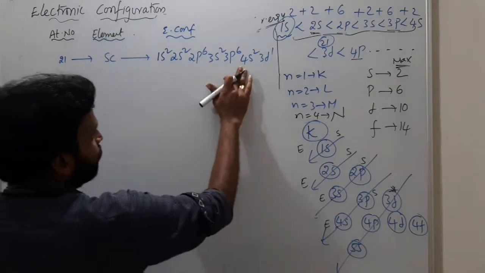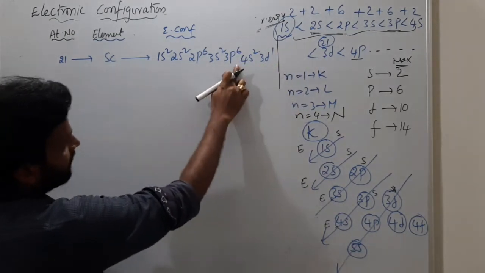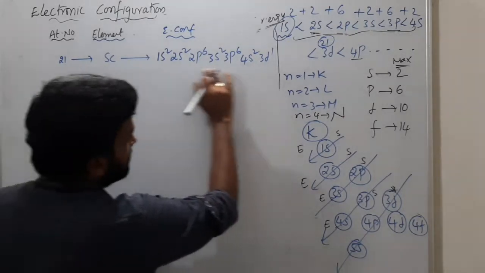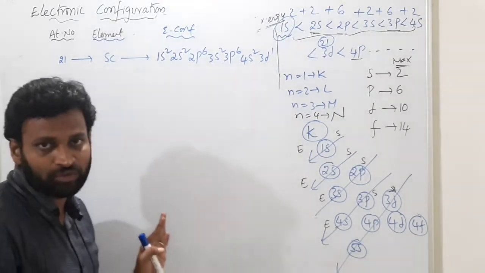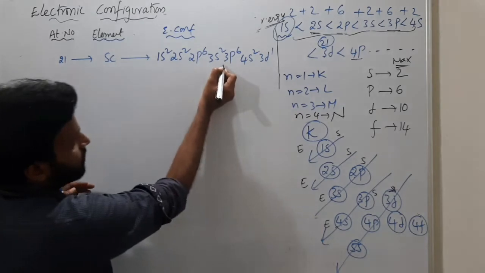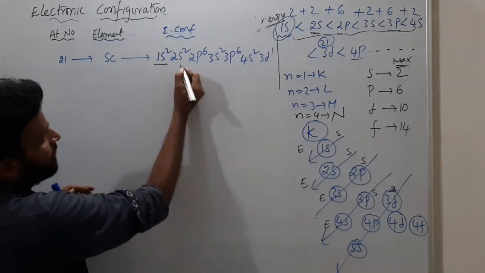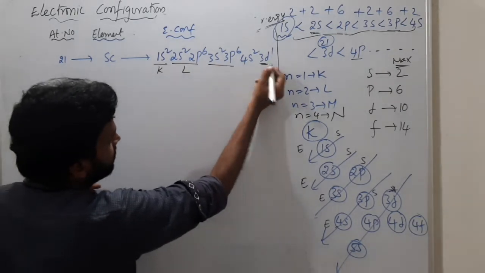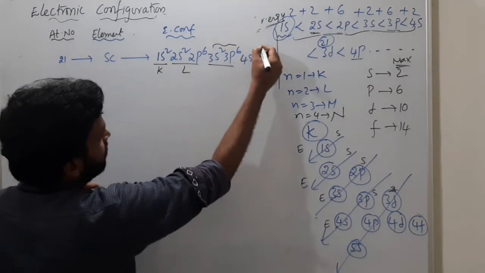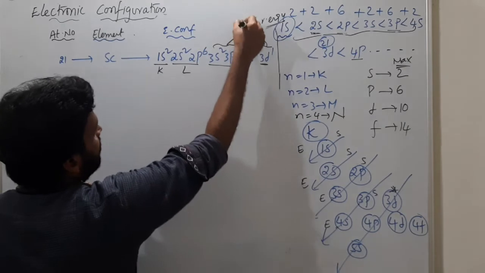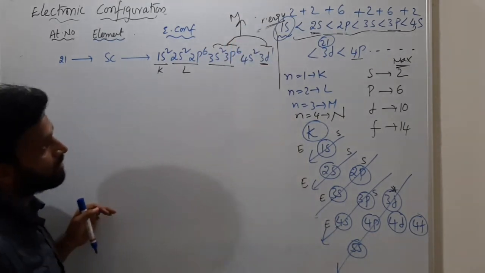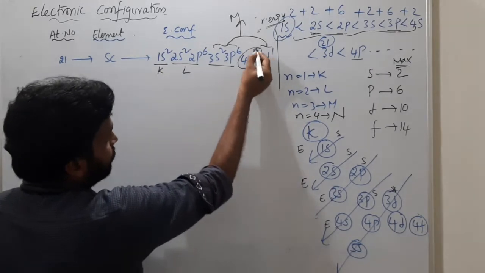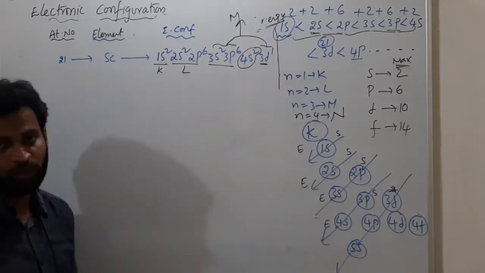Shell-wise, 4s will come last and 3d will come before it, but electron filling is in the same order, so no need to confuse. 3d comes under the third shell itself. 1s belongs to the K shell, the 2s and 2p belong to the L shell, and the 3s, 3p and 3d combined come under the M shell. But 4s is going to fill after 3p, and 3d after 4s.